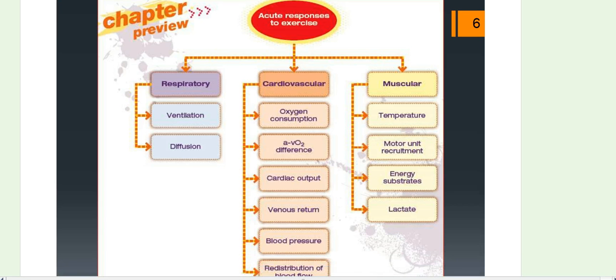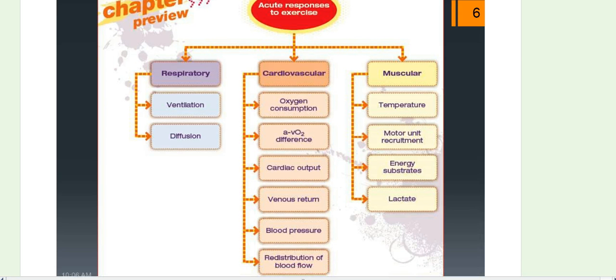So here's a very, very quick overview. Acute responses to exercise from our respiratory, cardiovascular and muscular systems.